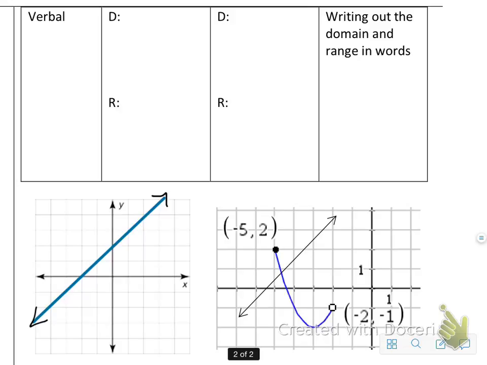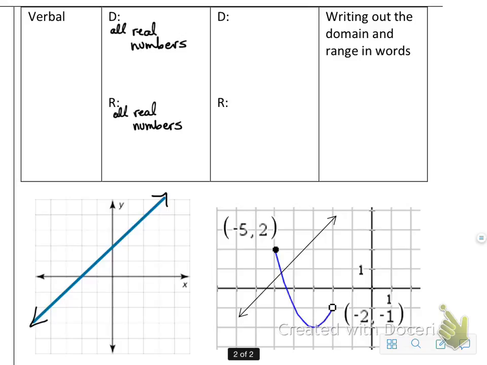So if you went up to a person and they didn't know that that symbol meant all real numbers, and you didn't know that that symbol meant all real numbers, you're not actually communicating anything because nobody understands it. So you have to be able to write all real numbers, because that is what that symbol means. For range, you actually have the same thing, all real numbers.